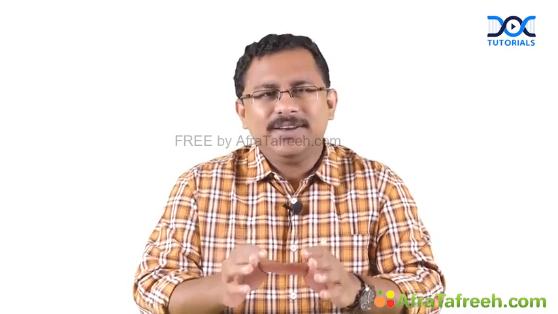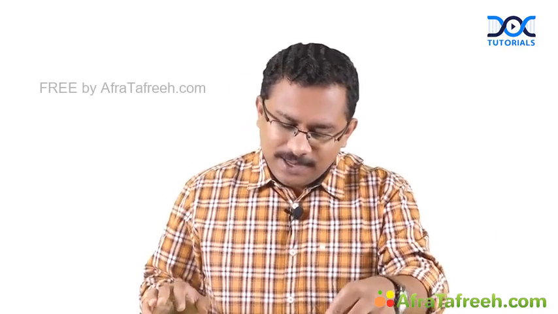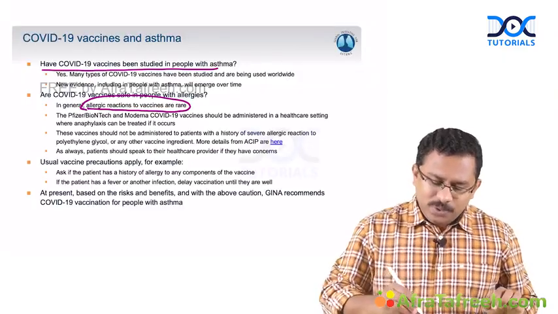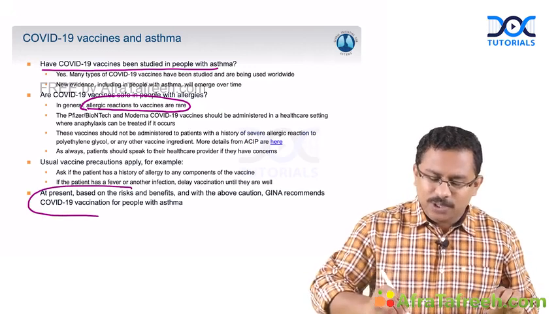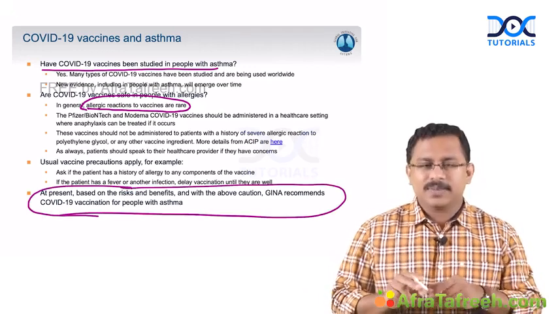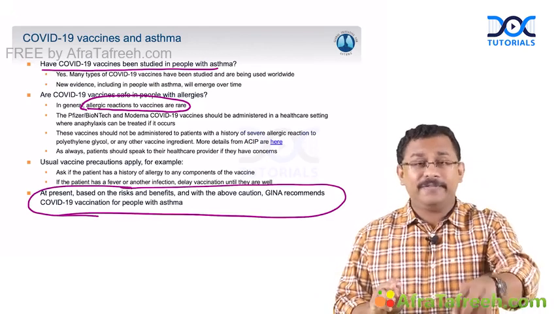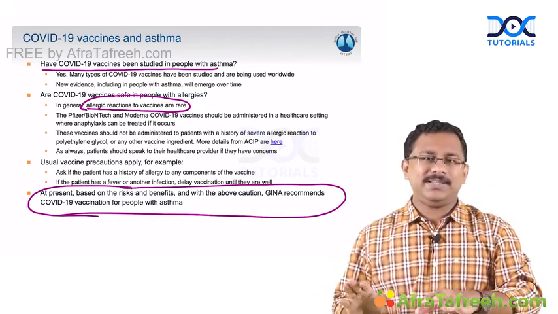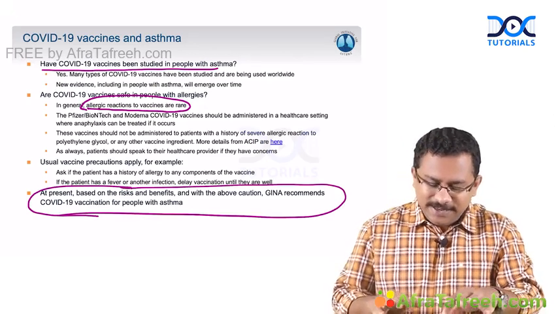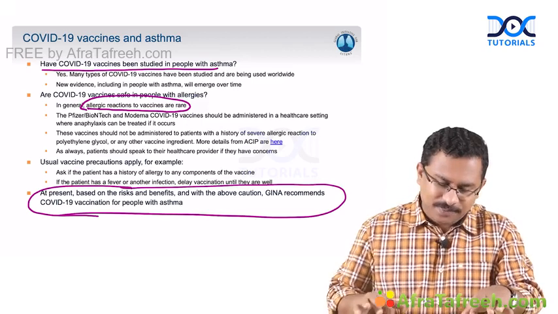If the patient has an allergic tendency, he is often advised to take the vaccine from a center where there is a facility for anaphylaxis management, not a peripheral health center where no facility is available. So in general, considering the risks and benefits, patients with bronchial asthma definitely should take the vaccine. There is nothing that prevents them from taking it.